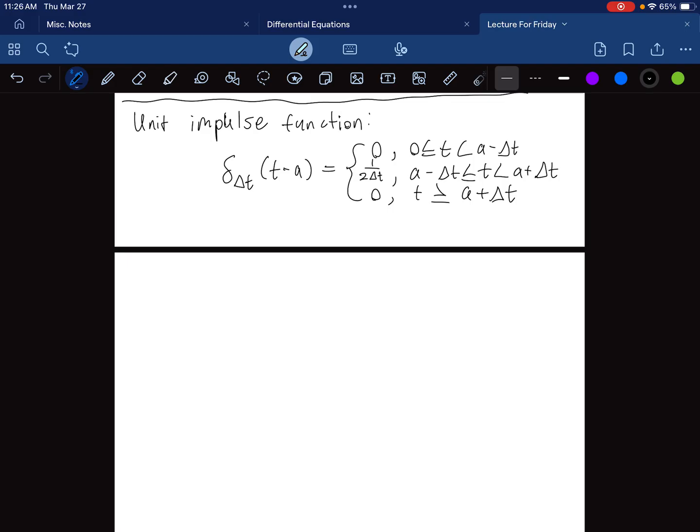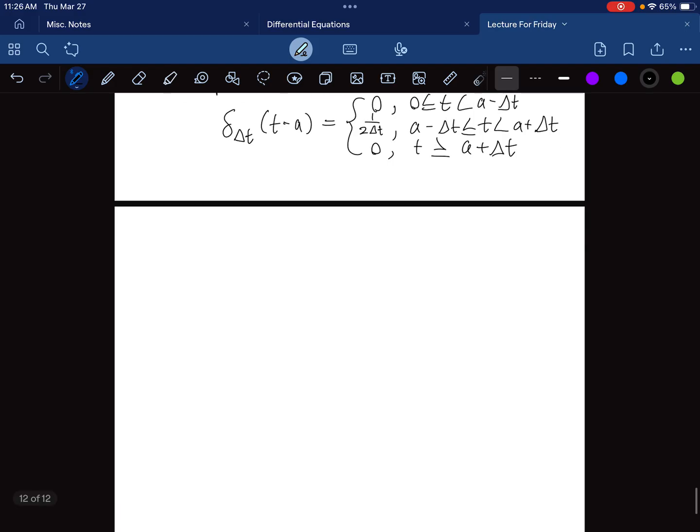And so just to graph this, to get an idea of what this kind of function looks like, here we have the origin, this is t. We're going to graph this impulse function.